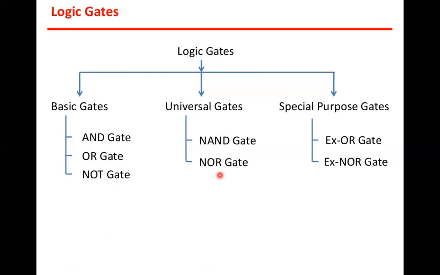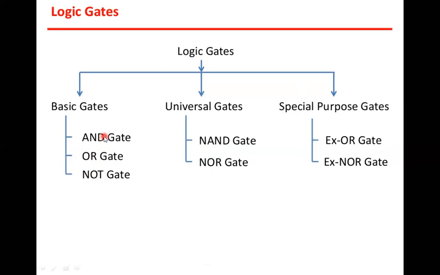NAND and NOR are called universal gates in the sense that if I take the example of the NAND gate, using only the NAND gate I can construct the AND gate, OR gate, NOT gate, or NOR gate. Similarly, using only the NOR gate, I can construct all these three fundamental gates.